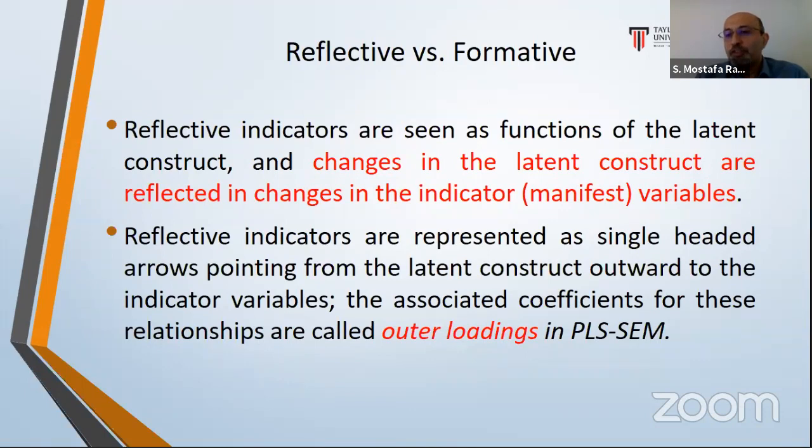So we need to understand the nature of our latent variable. Based on the nature of our latent variable, we can identify whether this construct is formative or reflective, that is, how we operationalize our construct or latent variable. A variable can be categorized under the measurement model as reflective or formative, but under formative, we have two types: composite and causal formative.